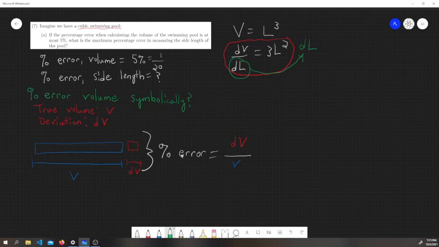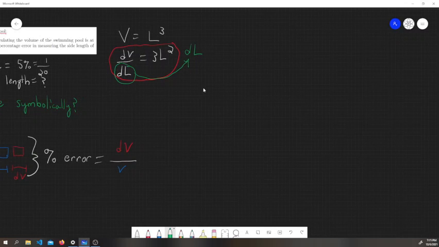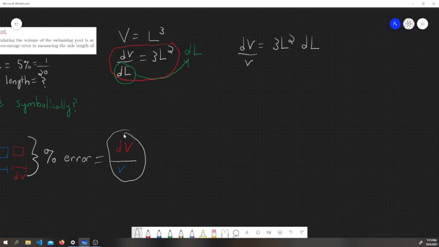So I'm just going to scoot this over a little bit. Then when we do that, we get dV is equal to 3L squared dL. And now what we can do to find the percent error is divide both sides by V, so that we get this equation: dV over V.